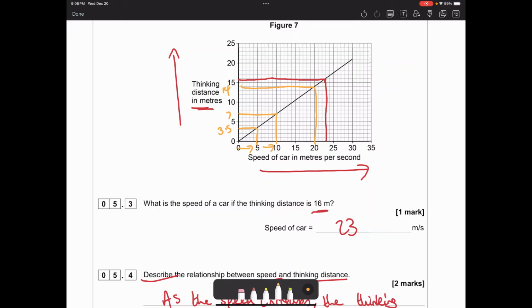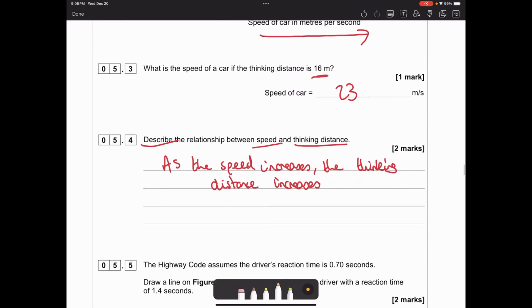So as your speed is doubling, your thinking distance is doubling. And this relationship has a special word. If one variable doubles, which causes the other one to double, it's called a directly proportional relationship. So as the speed increases, the thinking distance increases. 1 mark. You could then just say it is a directly proportional relationship.